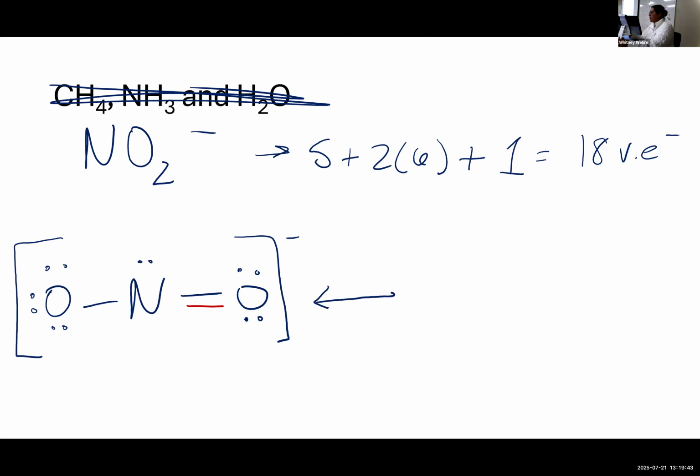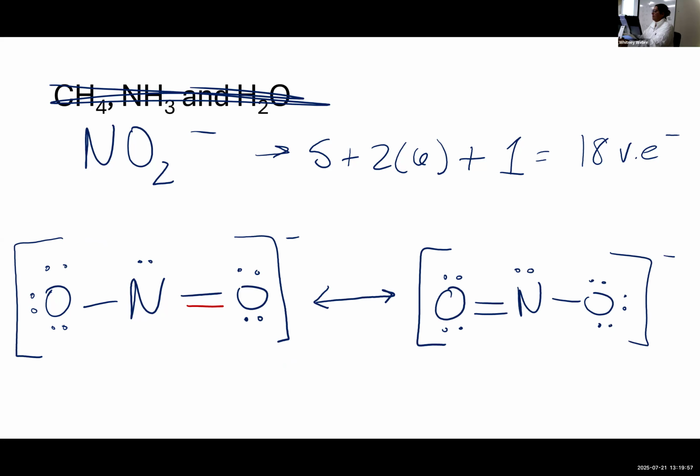And for a resonance structure, this one can only have two. So it could be like this. So that's how you would draw the Lewis dot structure of something that could have more than one, and typically it's only polyatomic ions.